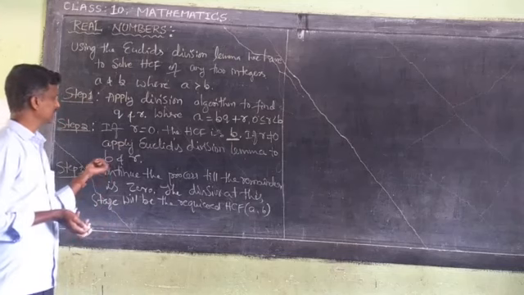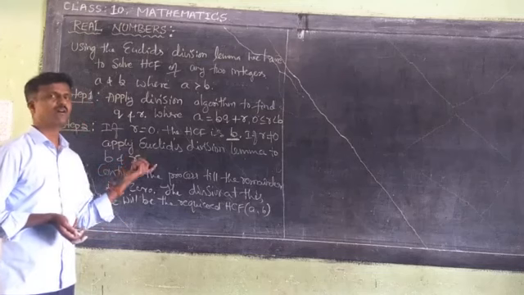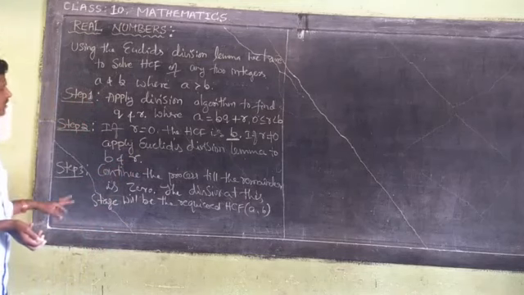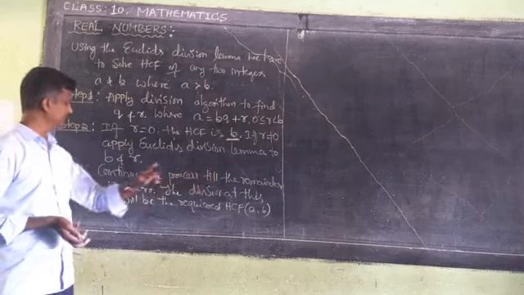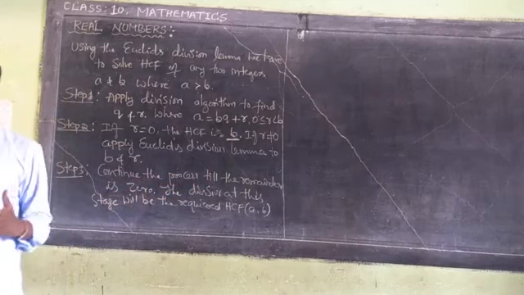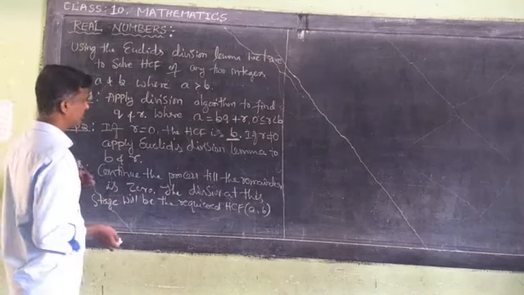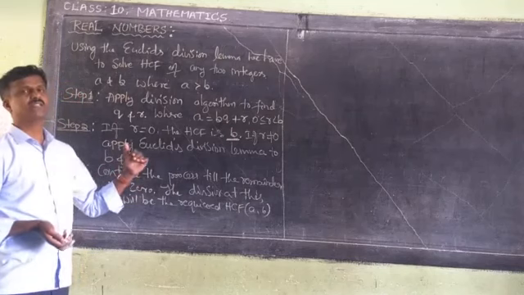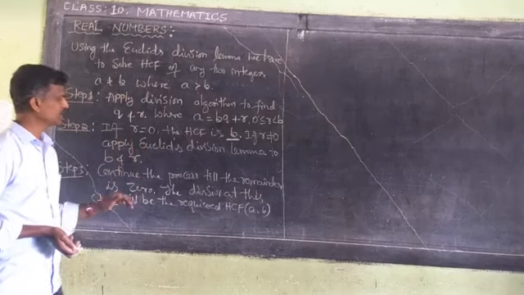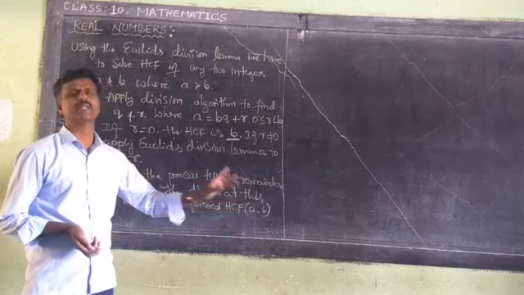Then the dividend can be considered as b and the divisor can be considered as r. Now continue the process till the remainder is 0. When the remainder becomes 0, then the divisor is the HCF. The divisor at this stage will be the required HCF of a and b.